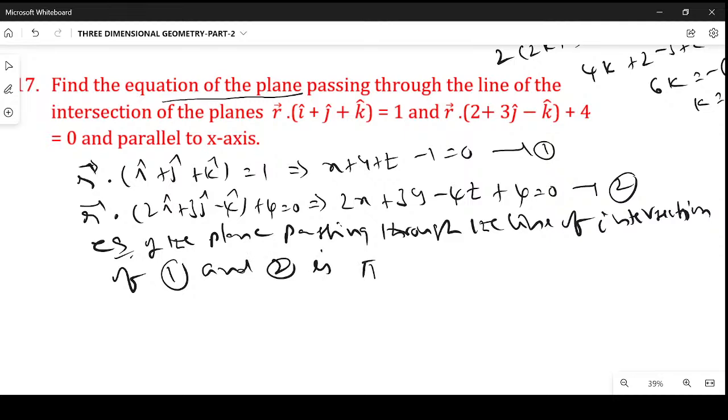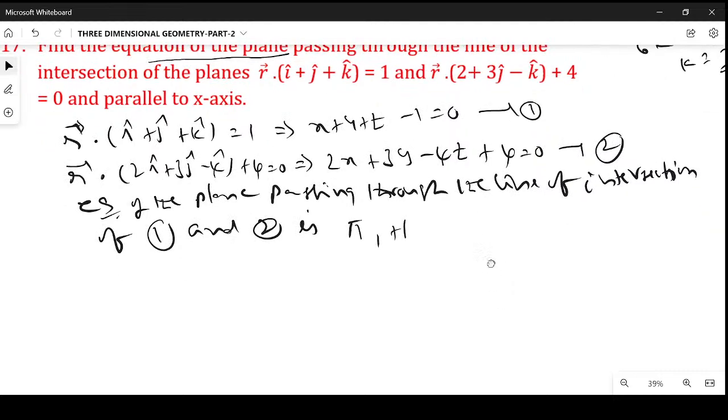Generally it will be plane 1 plus lambda into plane 3. I can write plane 1 plus lambda into plane 2 equal to 0.